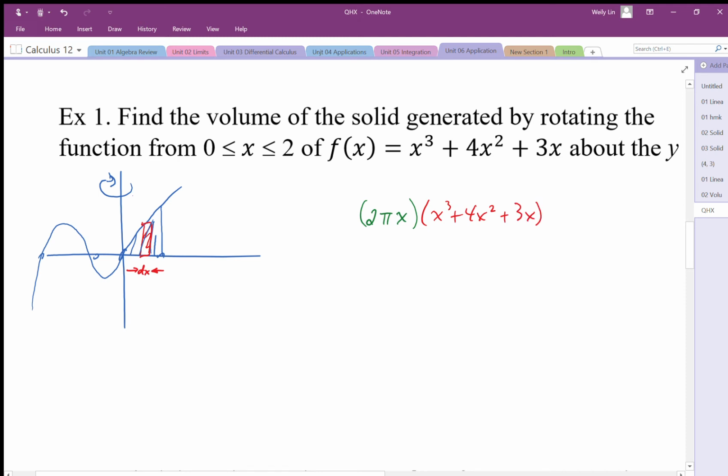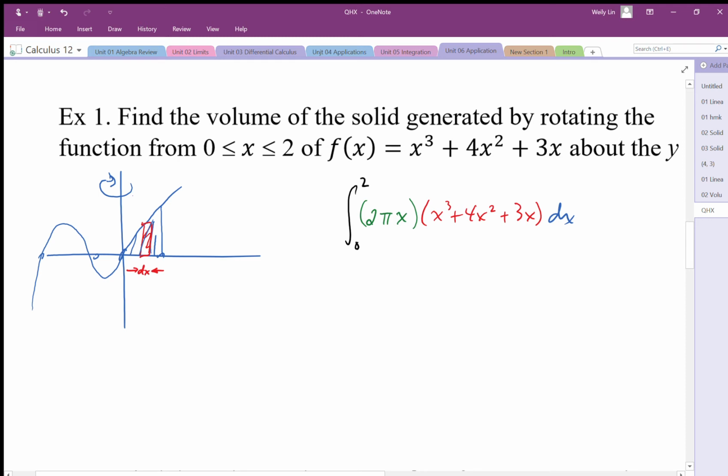We're going to need to give it some thickness, and the thickness is going to be our dx. Then we're going to integrate all that from, in this case, x is 0 to x is 2.